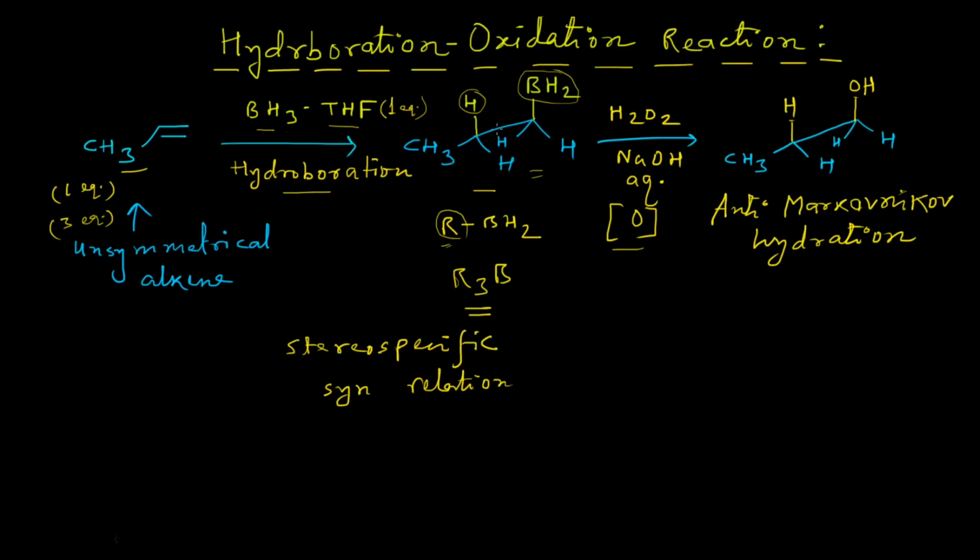Also, we can see that this BH2 group is attached in the product molecule to the less substituted carbon atom of the alkene molecule. This makes this reaction highly regioselective.